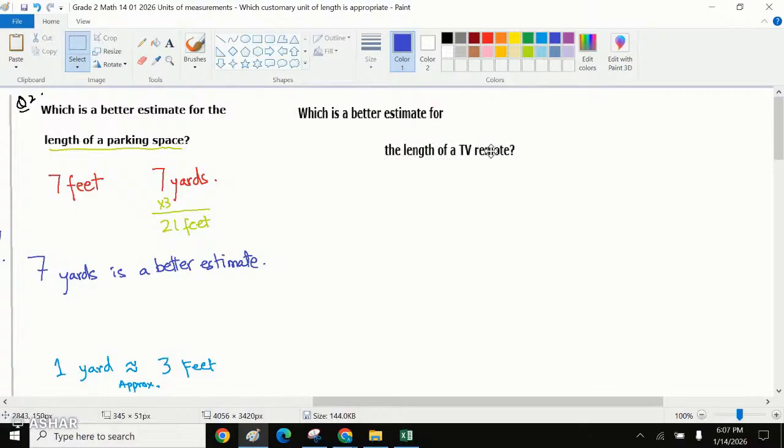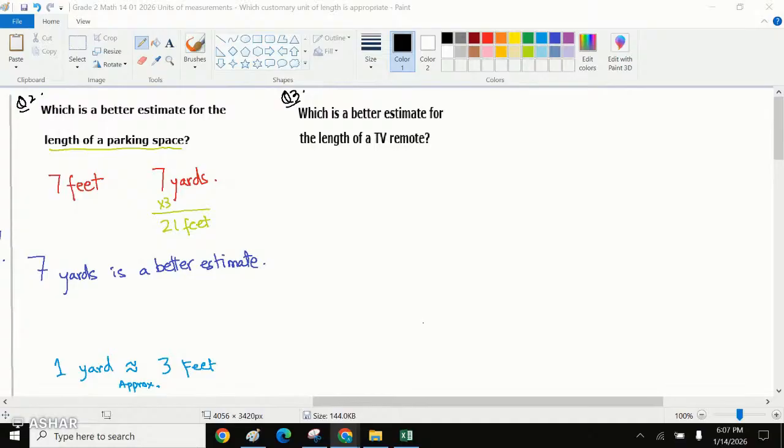For the length of a TV remote, they're saying is 11 inches a better estimate or 11 yards? Which value is a better estimate for a TV remote?